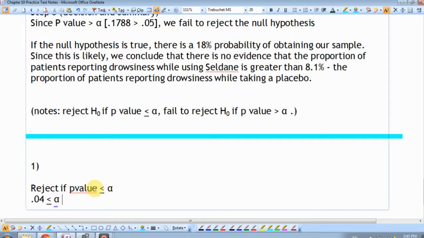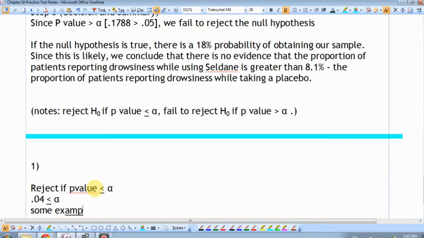The p-value is given. So any alpha that's greater than or equal to 0.04 will lead to rejection. So we can think of some examples.